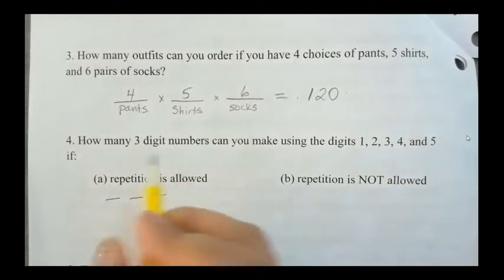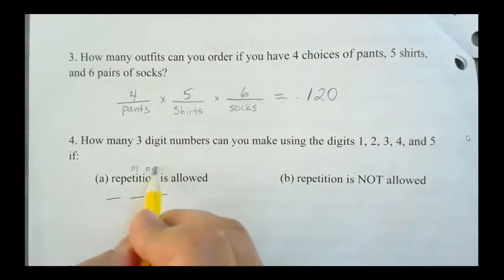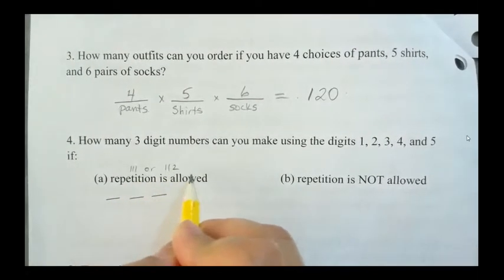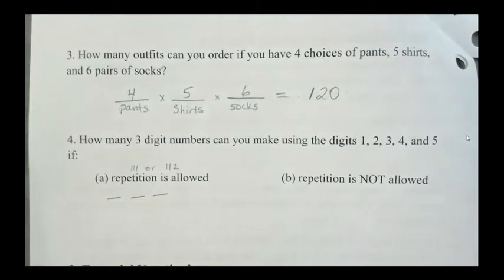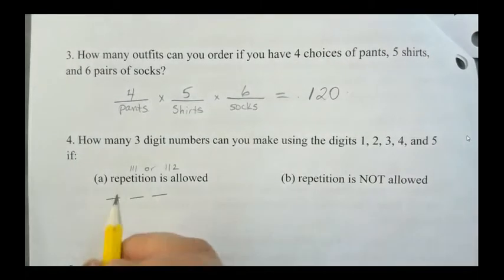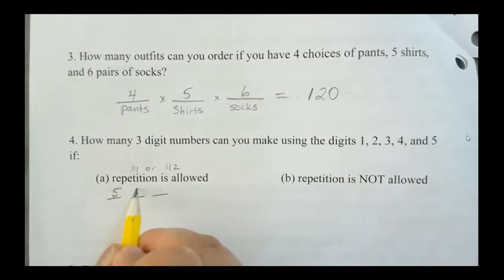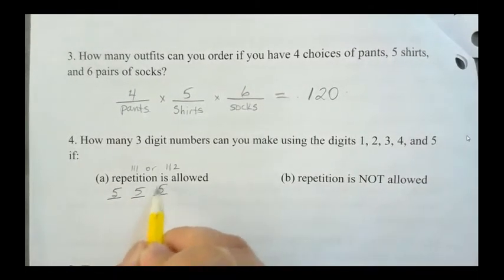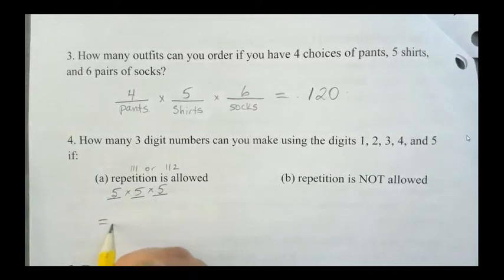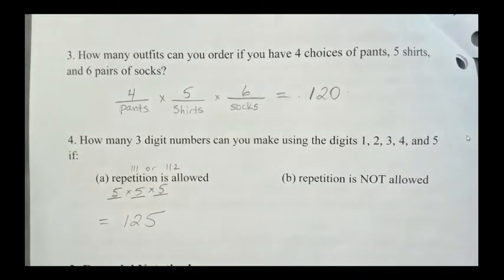So I could have something like 1, 1, 1 or 1, 1, 2, for instance. So how many different numbers do I have to choose from for this first? So I've got 5 and then 5 to choose from and then 5 to choose from. So if I multiply all those together, I get 125 different arrangements.